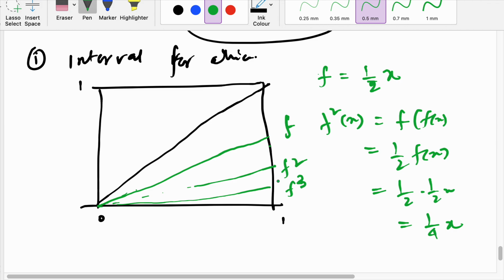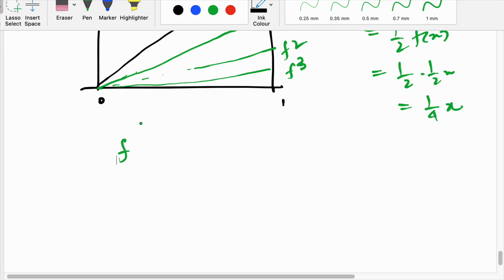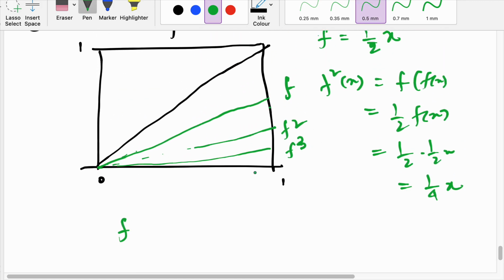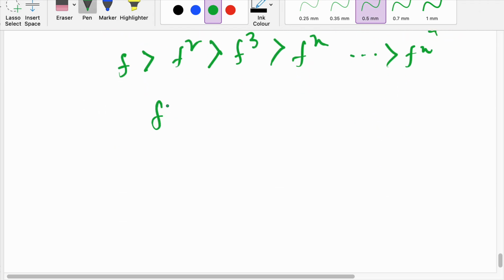So you find that all graphs lie between this f. So that means f is always higher than f square, which is always higher than f cube, and this continues. So in general f^n is less than f.